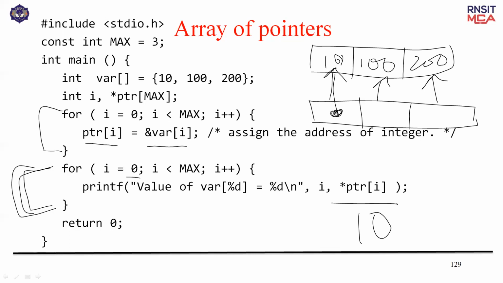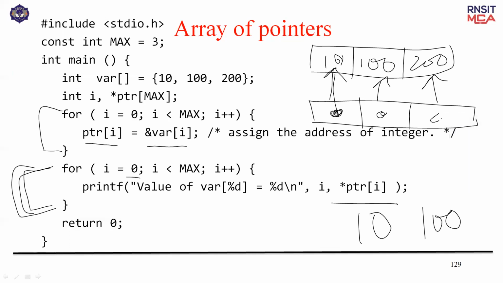I++ means I becomes 1. So pointer of 1, this one, is assigned to variable array of 1. So it is 100, and 100 is displayed. Same way, I++, pointer array of 2.